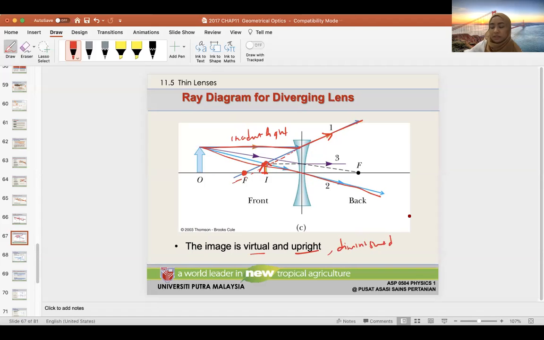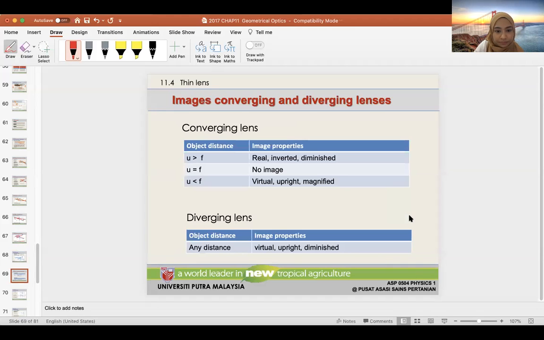Or is that only for mirrors? Let me check the summary. Yep, it's diminished as well. Same condition as a diverging mirror: virtual, upright, and diminished at any distance. Similarly here, for a converging lens at u equals f, no image is formed. Similar to your mirror as well.